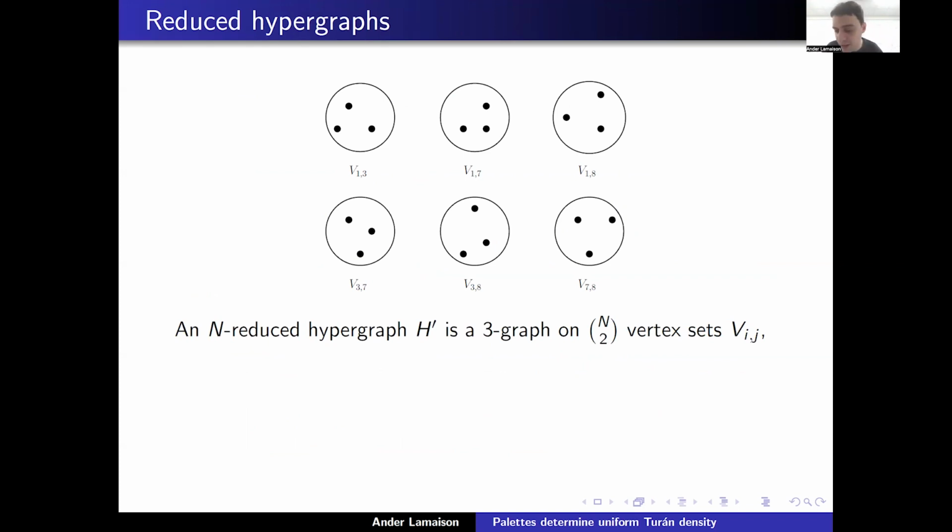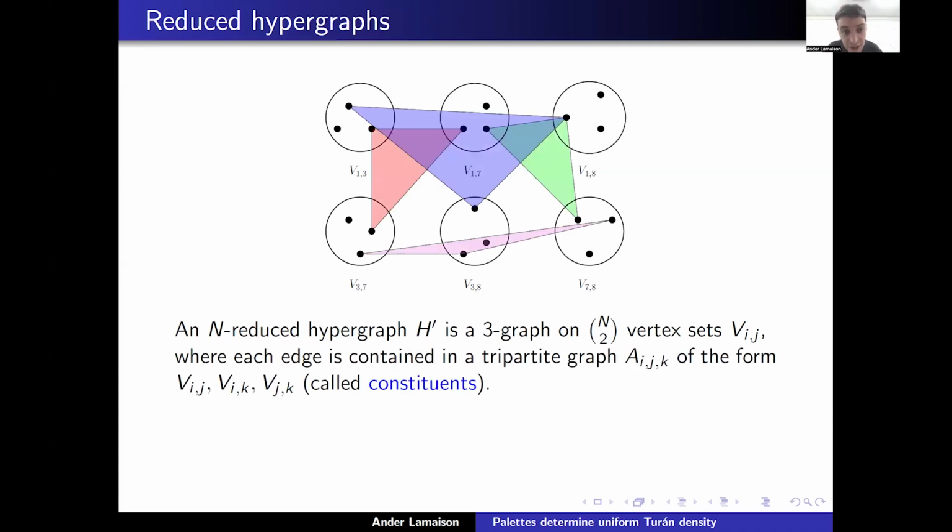So what is a reduced hypergraph? An n-reduced hypergraph is a hypergraph whose vertex set is partitioned not into n parts, but into n choose 2 vertex sets. Each of these vertex sets has two subindices between 1 and n. And the property of this hypergraph is that each edge, so this is a 3-uniform hypergraph, and the 3 vertices in each edge are in 3 parts of the form V_ij, V_ik, and V_jk.